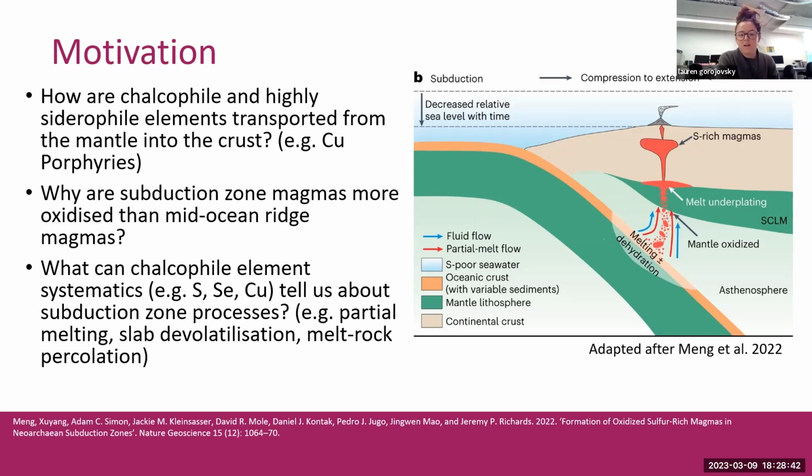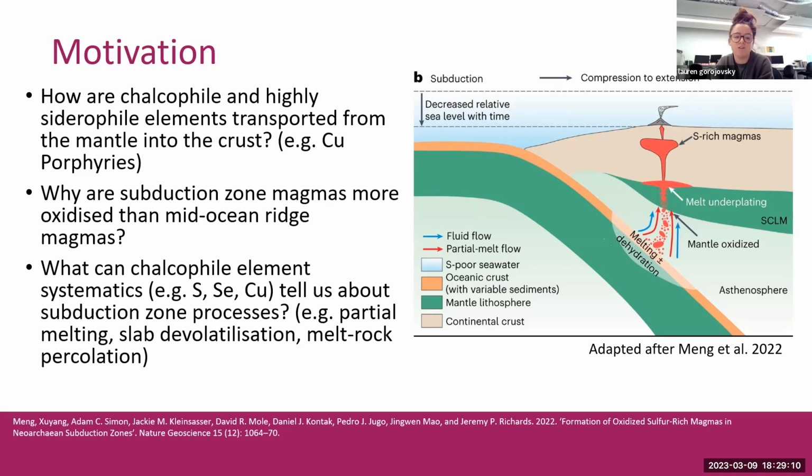Another question that I'm trying to address with my PhD research is what chalcophile element systematics can tell us about subduction zone processes. In the instance of selenium and even tellurium, we have very little idea of what these elements look like in the mantle and how they behave, primarily because they're extremely difficult to analyze.